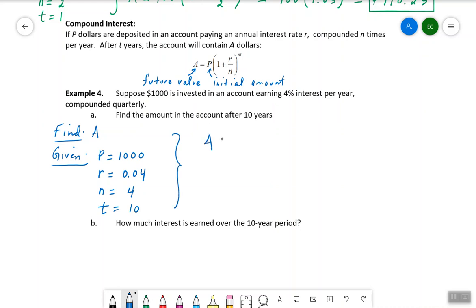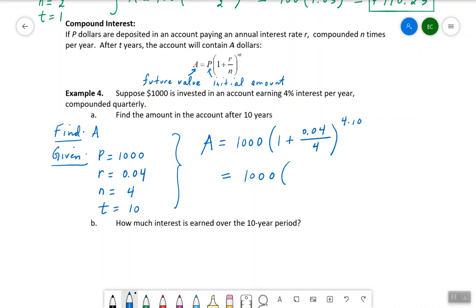So we're going to take all of that and put it into our formula, and we'll have 1,000 times 1 plus 0.04 divided by 4 raised to the 4 times 10. And then we can simplify a little bit, and then we'll put the rest into the calculator.